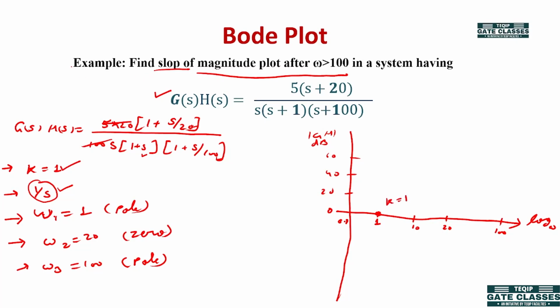Okay, so omega is equal to K. For the initial slope with this pole at origin, we have a point on the 0 dB line, that is, this point is cutting at K equal to 1.